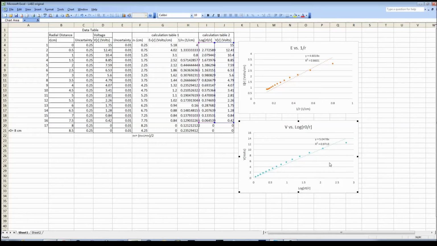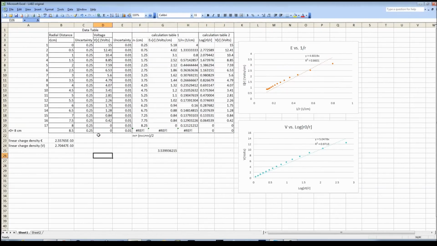As you can see here, we have a similar graph as our previous one. We have the points, we have a trend line, and we have the slope. Each of these slopes is a vital component in our final calculations, which are our derived equations.